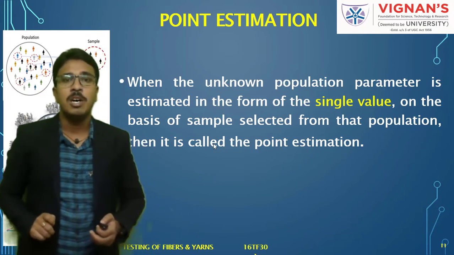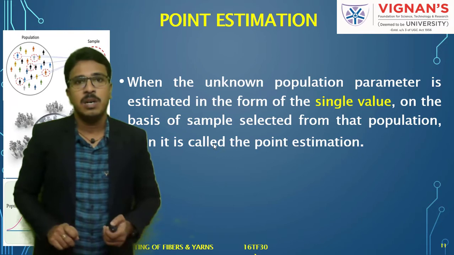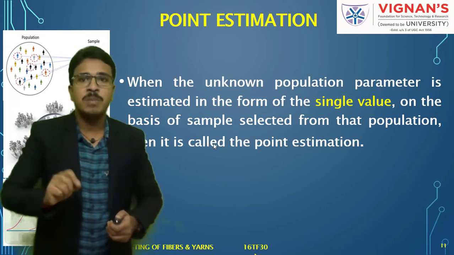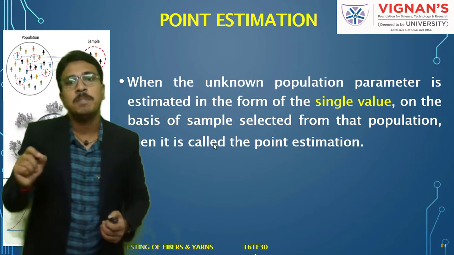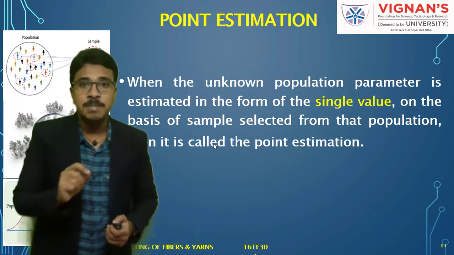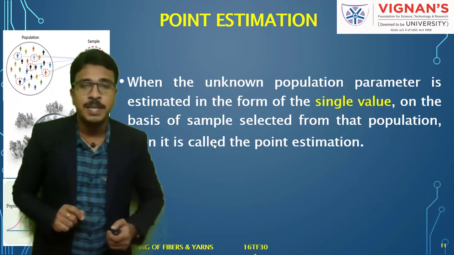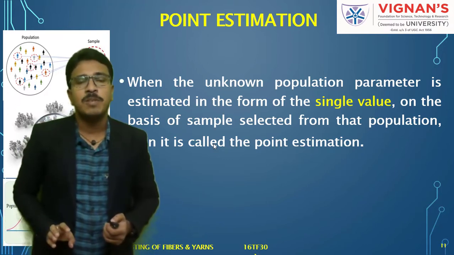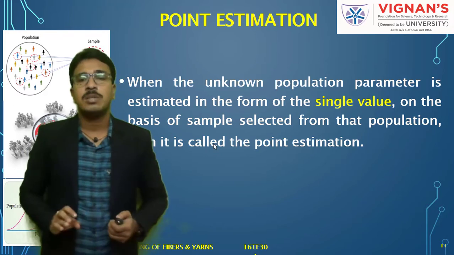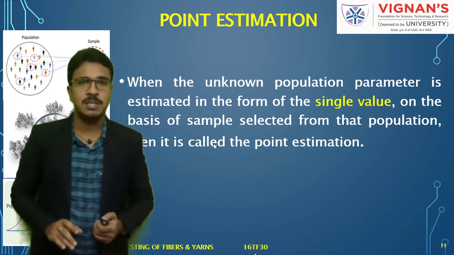That is called point estimation. So when the unknown population parameter is estimated in the form of a single value, it is called point estimation.